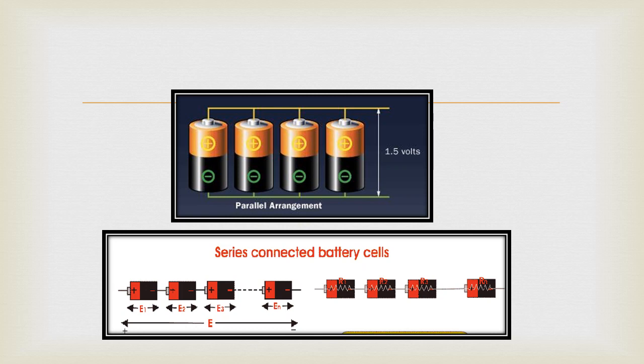First, in which the cells are connected in series, and second, the cells are connected in parallel arrangement. In parallel arrangement you can see the positive terminal is on the upper side and the negative terminal on the downward side, but in the series, the negative terminal is connected to the positive terminal of the next cell, and the negative terminal of the second cell is connected to the positive terminal of the third cell.